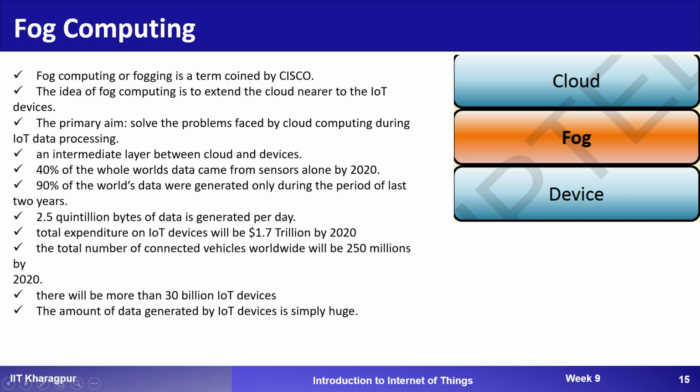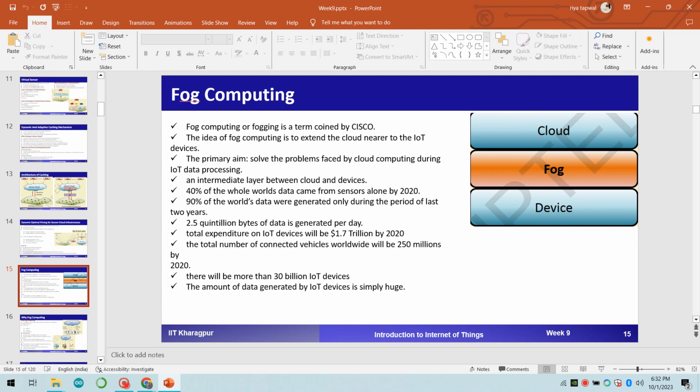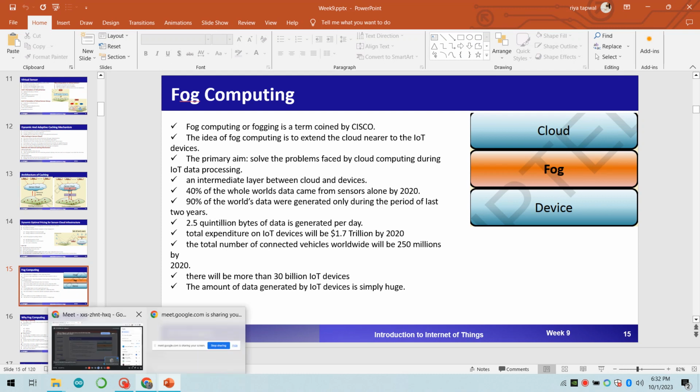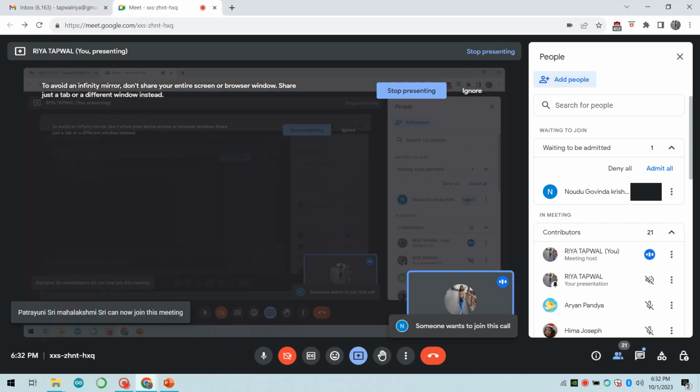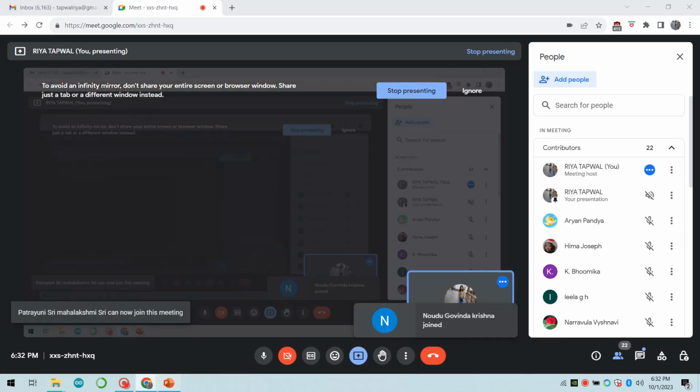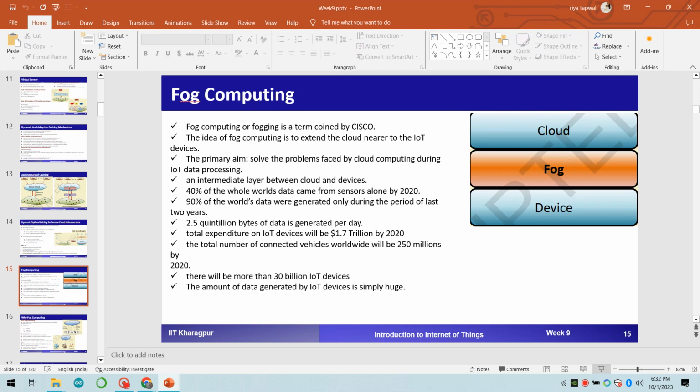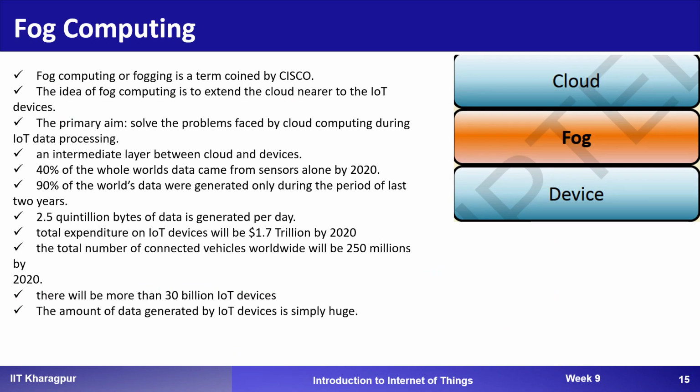So the primary aim is to solve the problem faced by cloud computing during your IoT data processing. An intermediate layer between cloud and devices is present in case of your fog computing. This intermediate layer is your fog layer.